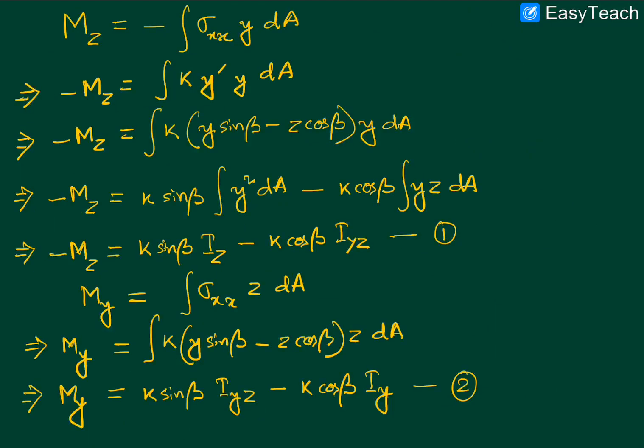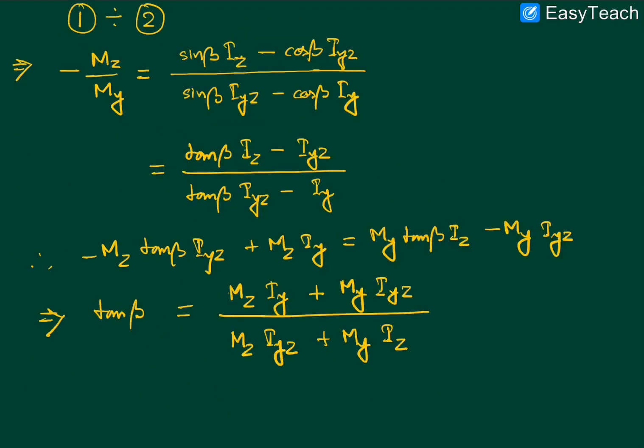So let us look at a different page here. If we come back to equation 1 or equation 2 and substitute the expression of tan beta here, that can easily be done. Then we can find out either from equation 1 or from equation 2 the expression of k.